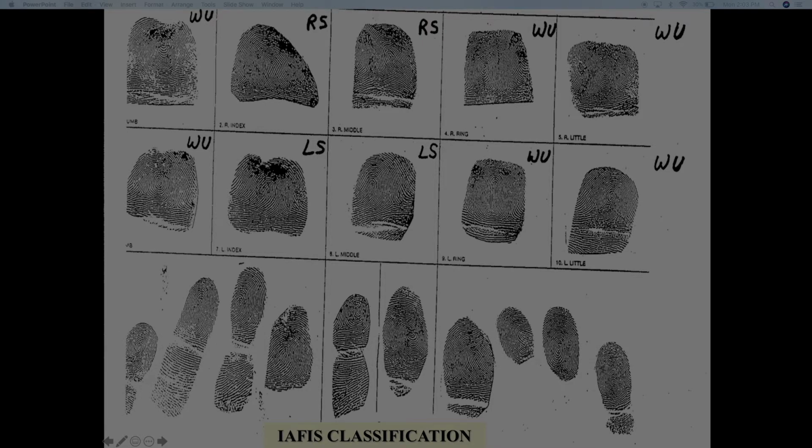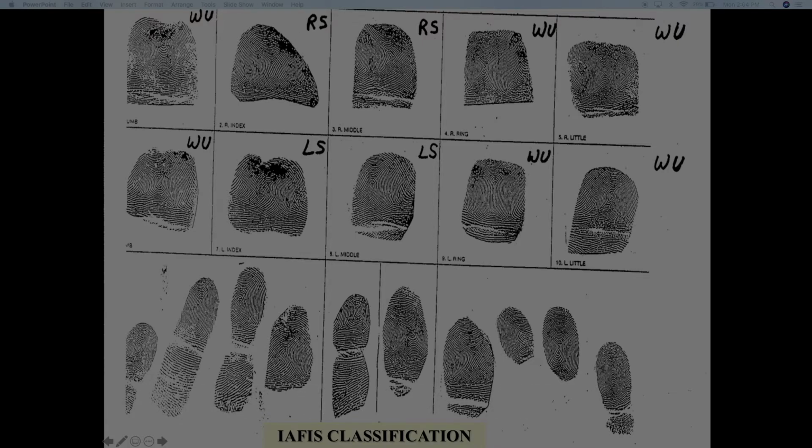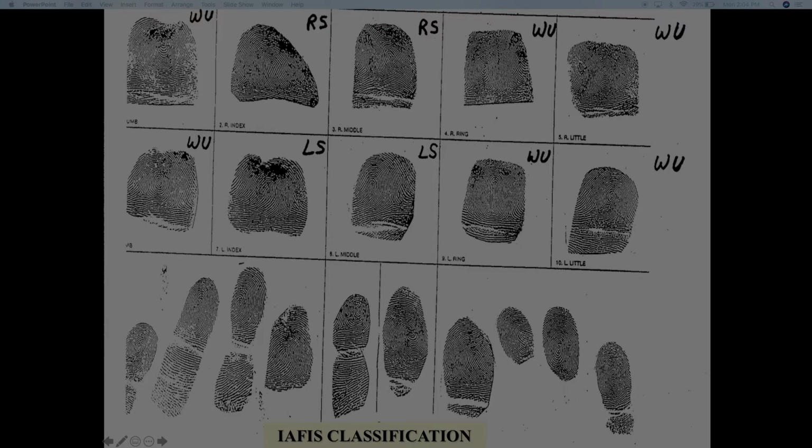In the opposite hand, we have the left hand here. The ridges flow to your little finger, so this is left slant, another ulnar loop. You can see RS here is an ulnar loop. LS here is also an ulnar loop. It follows the flow of the ridges, depending on the orientation of your hand. So basically that is the code for AFIS.